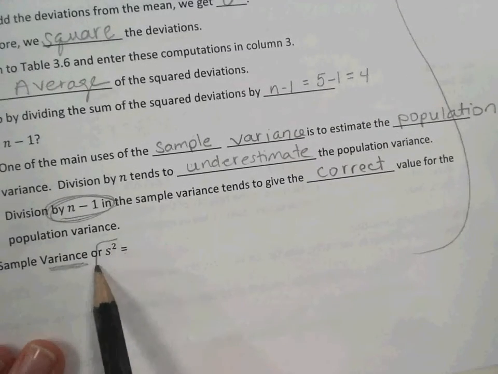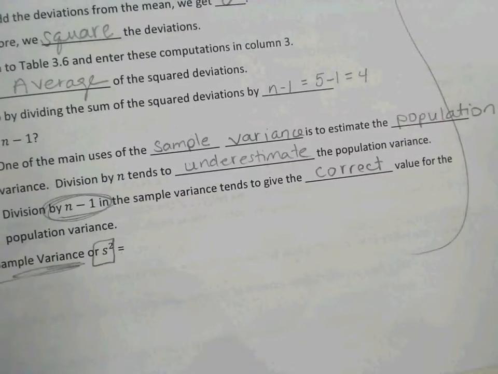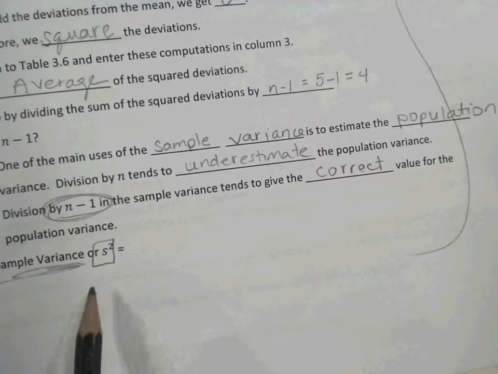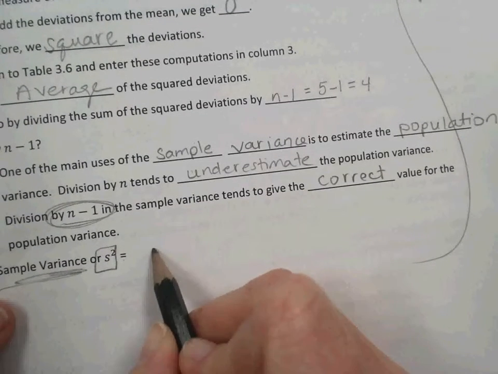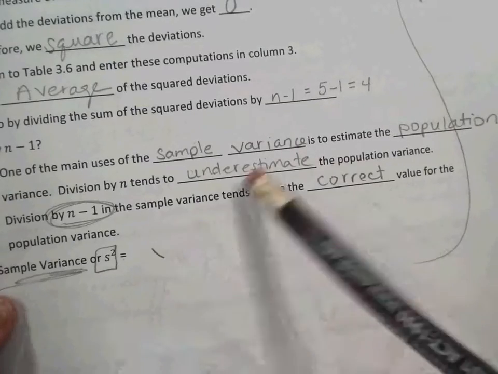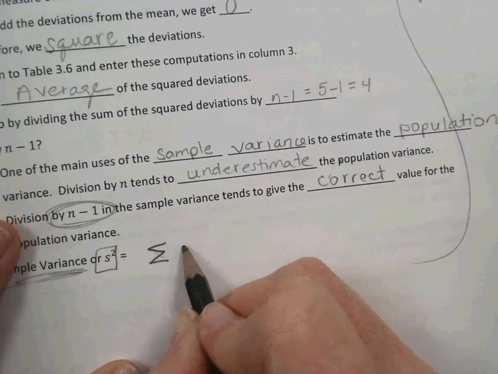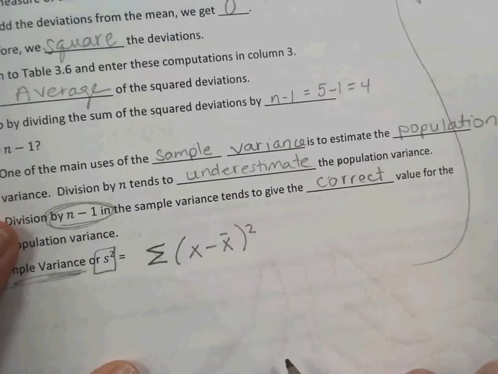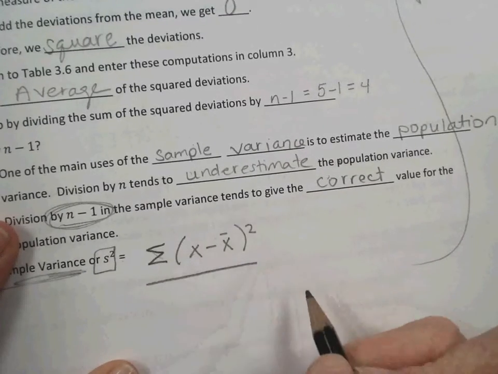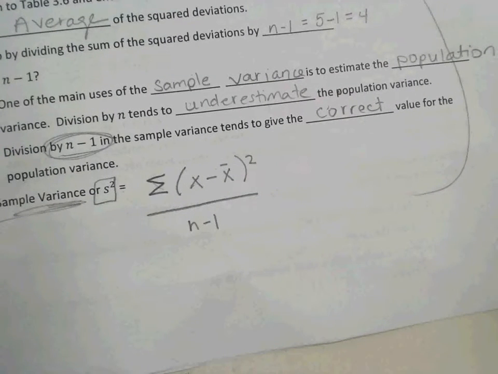So s squared is the symbol used for sample variance. We use x bar to represent sample mean. We use s squared to represent sample variance. And we're going to calculate that by adding up all of our, and I'm going to write it out here, the sum of all of our x minus x bar squareds and divide by n minus 1.